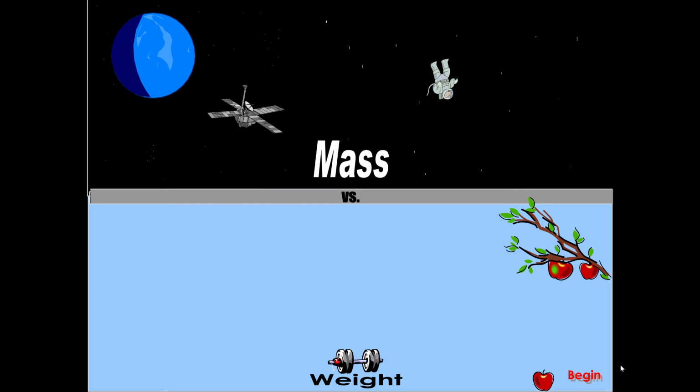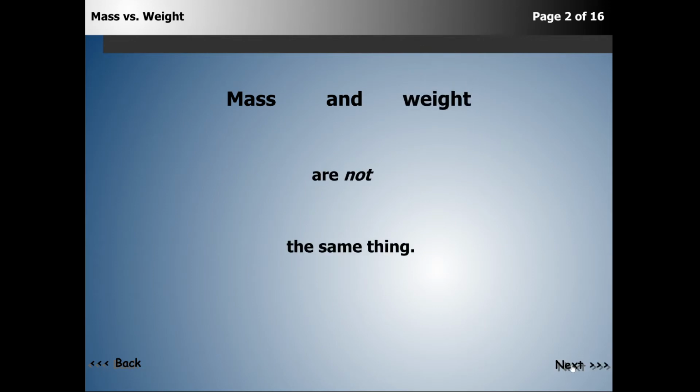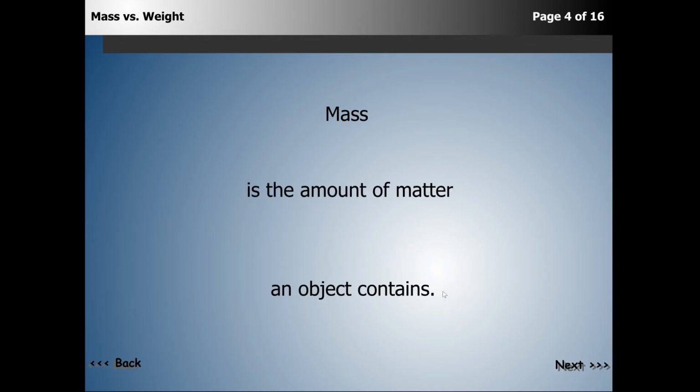Mass versus weight. Mass and weight are different quantities. Mass is the amount of matter an object contains.